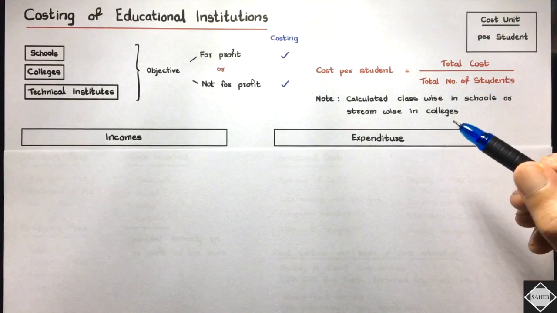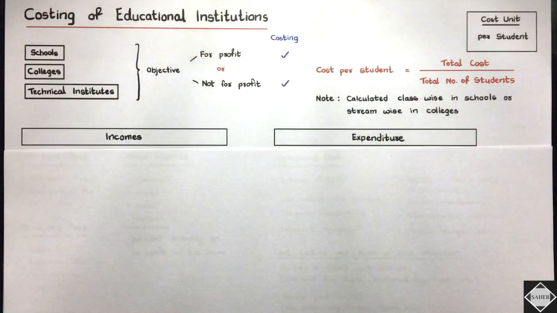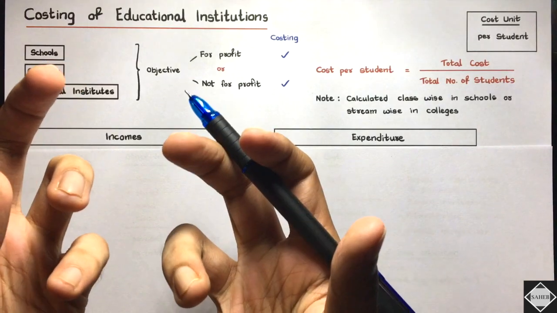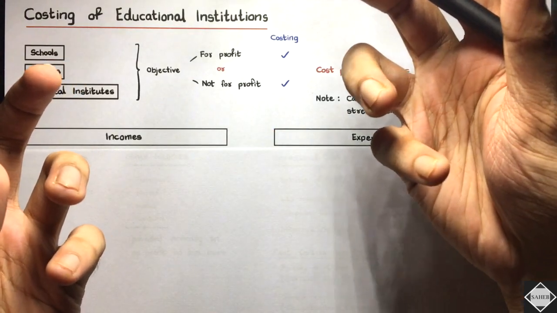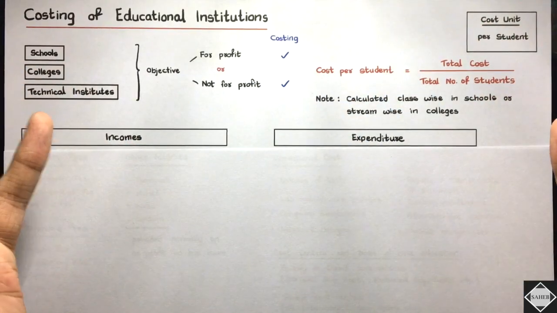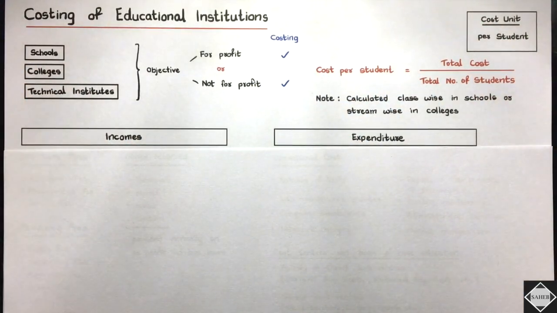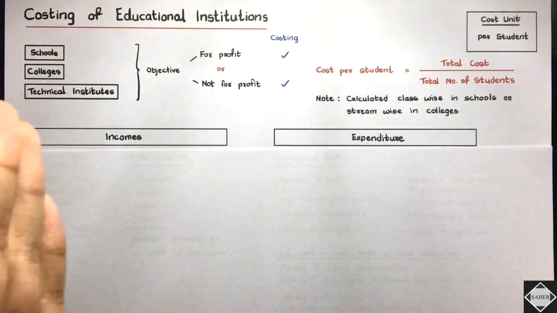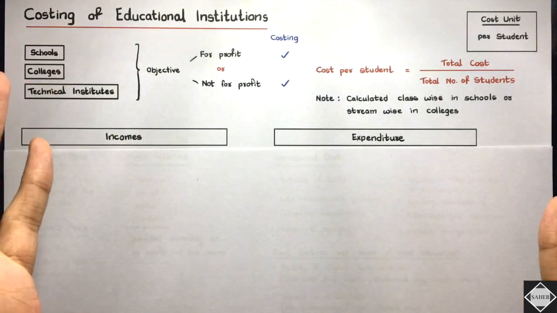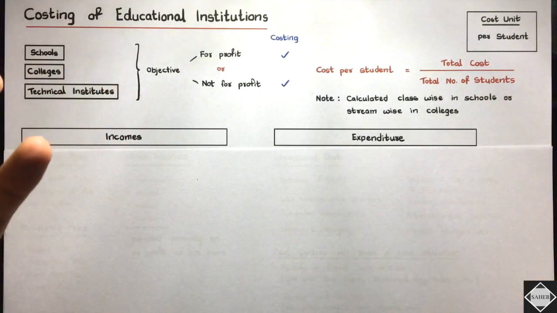Let's say we are talking about an engineering college. In an engineering college, what happens? You have a mechanical engineering department, a civil department, an electronics department, and then a computer science department. Four to five departments are there. The fees for each engineering branch is different. The fees for mechanical and computer science can't be the same. Why not? Because the costs are different.